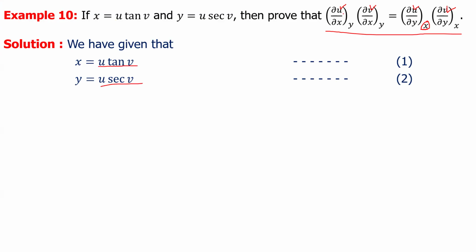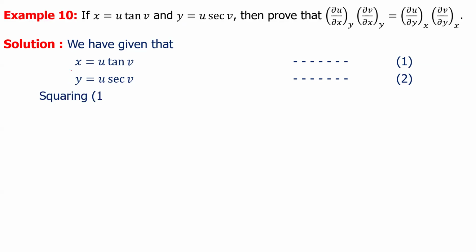But in our question, we have to write down u and v in terms of x and y. So let us do some calculations, and we will convert this expression in such a way that u and v will be the dependent variables and x and y will be independent variables.